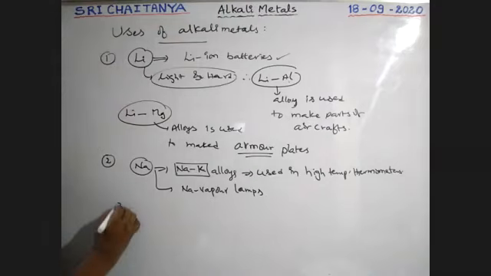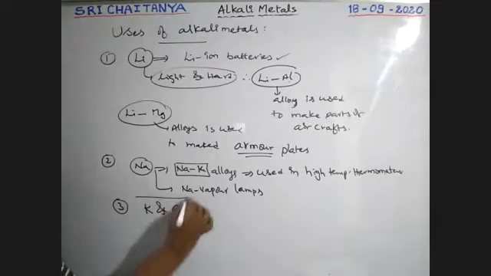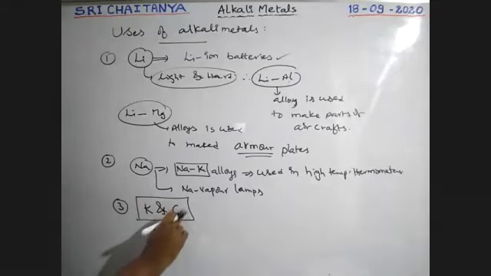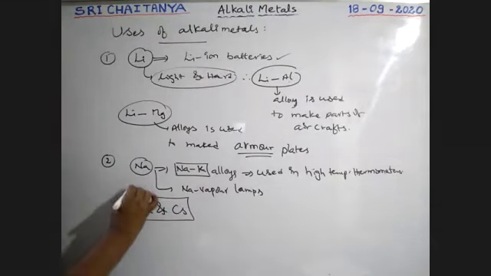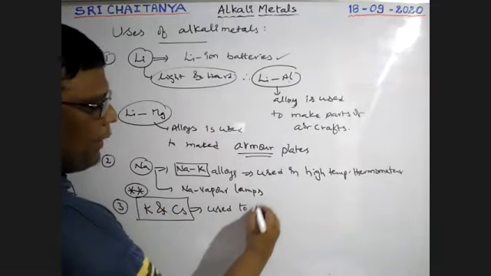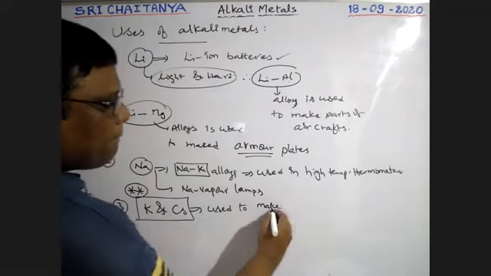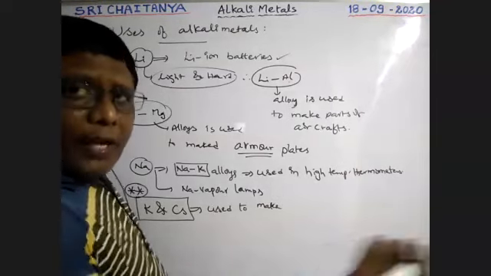Next and most important, boys, that is potassium. Potassium and cesium, and these are the only metals, boys, potassium and cesium, not rubidium. Very, very, very important. These are used to make photoelectric metals.